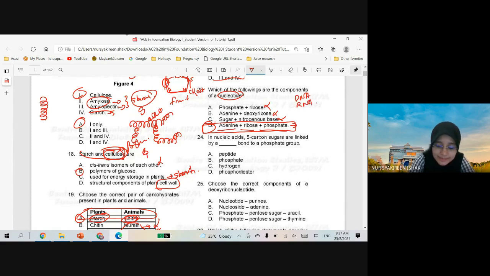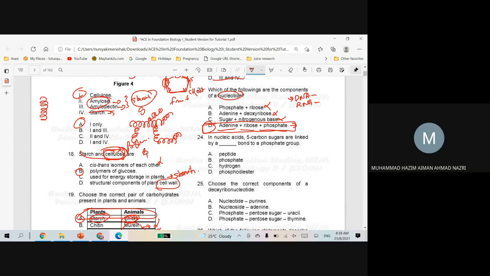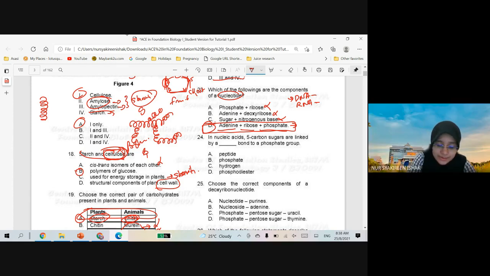What differentiates DNA and RNA is the 5 carbon sugar. So for D, which one is it? Is it DNA or is it RNA? RNA. Okay, so RNA.